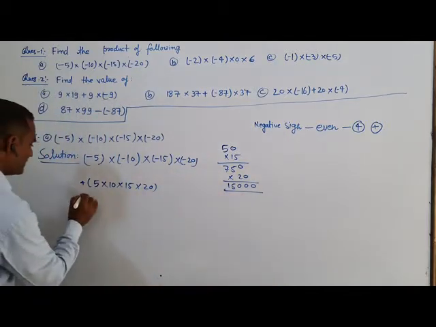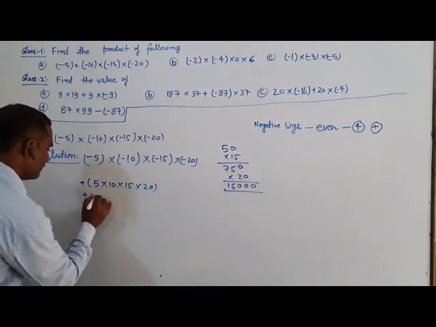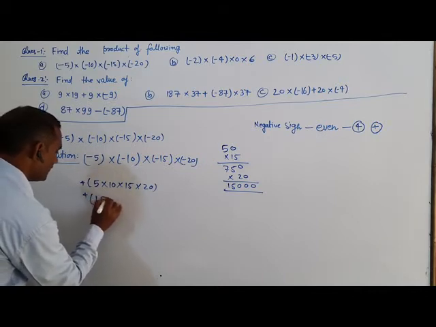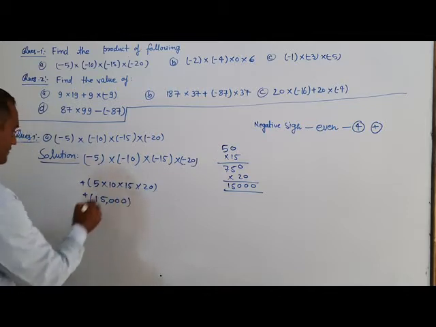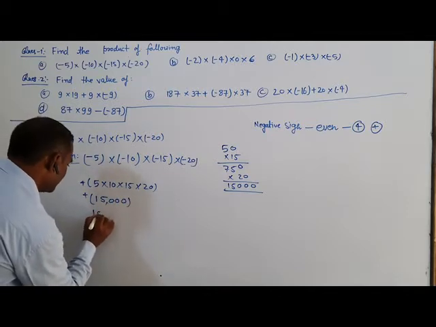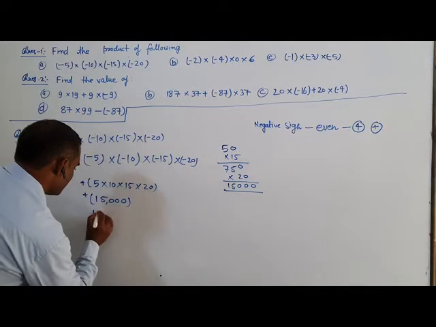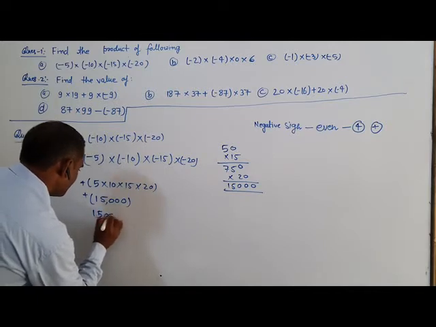So plus 15,000. So you can write 15,000.